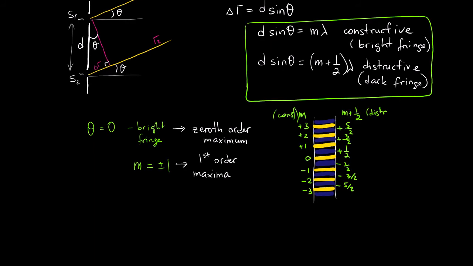Now we can also find the positions of bright fringes on the screen. So if we want to find that, let's redraw our slits and the screen. Let's suppose that the screen is vertical on the y-axis, and it is a distance r from the slits. The central bright fringe is right in front of the midpoint between the two slits.